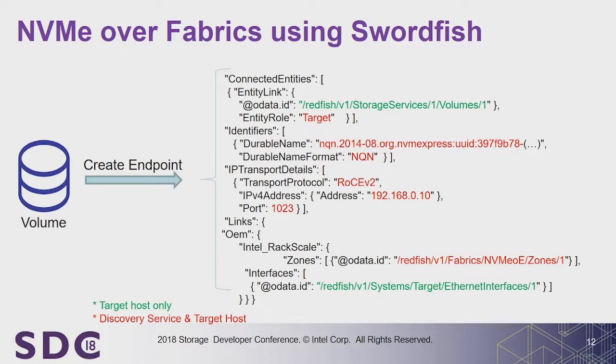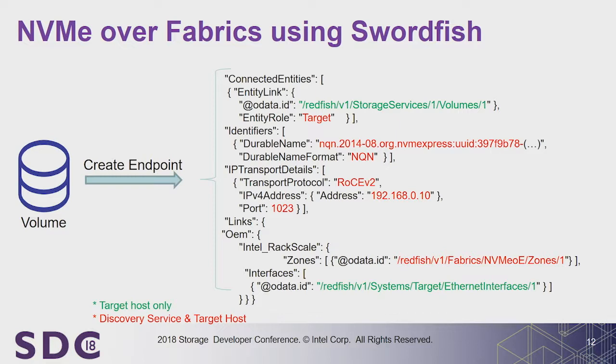For the discovery service, you don't have this link, so you cannot provide this link in the connected entity. The next very important property is the NQN in the section of the identifiers, because you need to identify this remote volume somehow, and in NVMe Fabric we are using NQN identifiers.